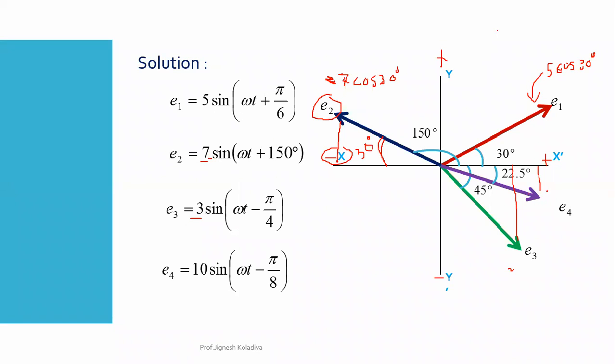And similarly for E4, it is 10 into cos 22.5. With respect to the positive x-axis, it is making an angle of 150 degree. So if you do not add the negative sign over here, then you have to take the angle 150 degree. You will get the same answer.